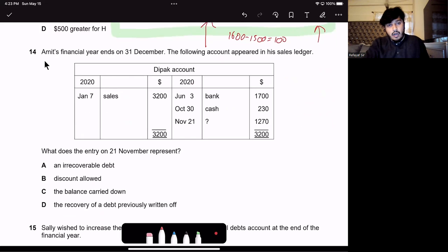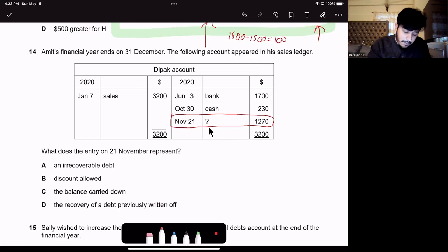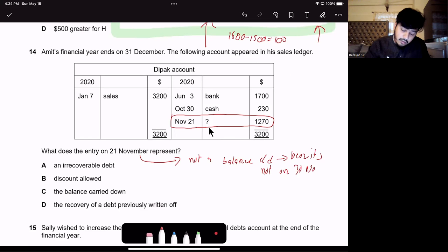Number 14. Amit's financial year ends on 31st December. The following account is prepared in his sales ledger. All right. What does the entry on 21st November represent? This particular entry. First of all, this is not a balance c/d or closing balance because it's not on 30th November or on end of the month or year.